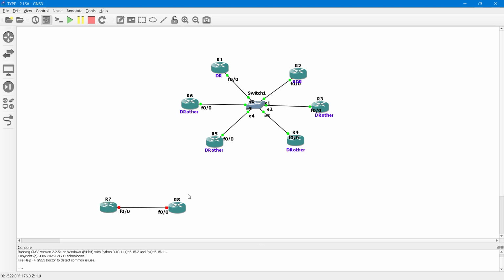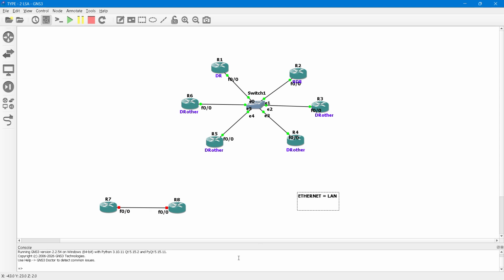Now, to explain why it's happening, you have to understand that this is basically Fast Ethernet, or the older version is Ethernet, right? Ethernet is used for LANs.